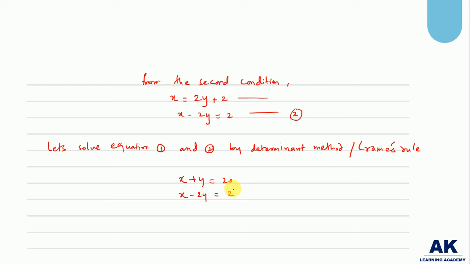Now what is the determinant method? We have to calculate the value of first D. What is D? It is a1, b1, a2 and b2, right?